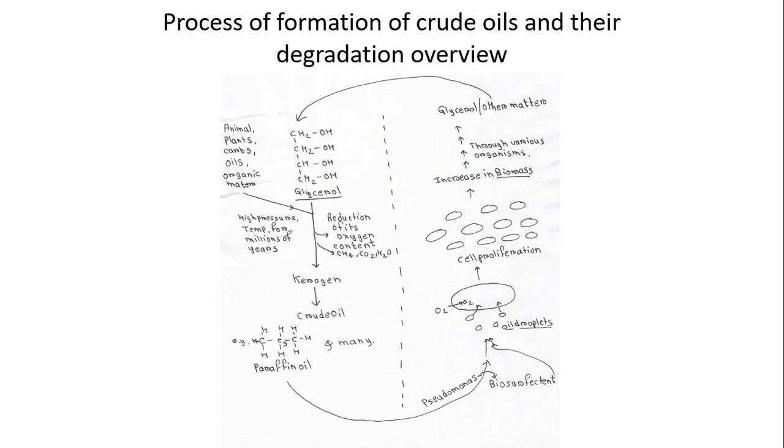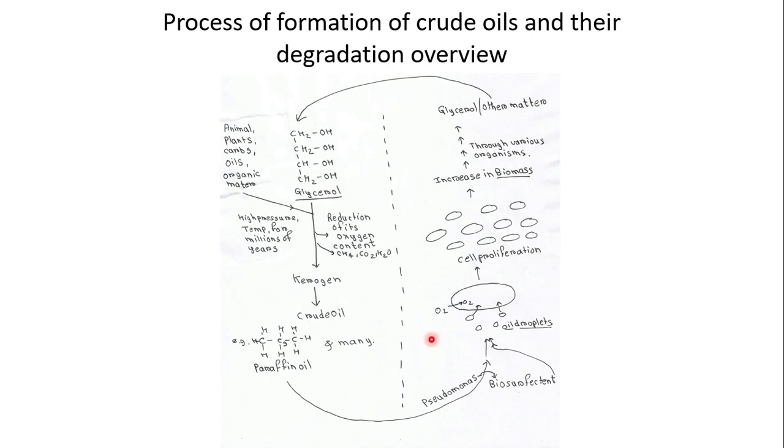Means we are just mediating the oil degradation process, or we add some extra nutrients to this water so that the bacteria which are naturally present there can use this oil. So we are just mediating to speed up this process.